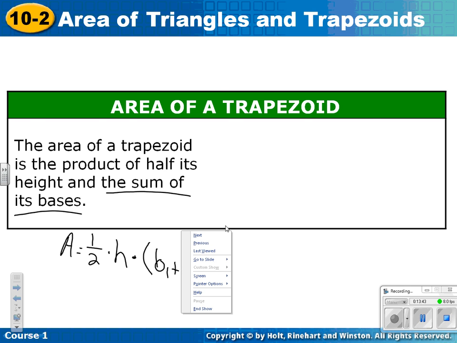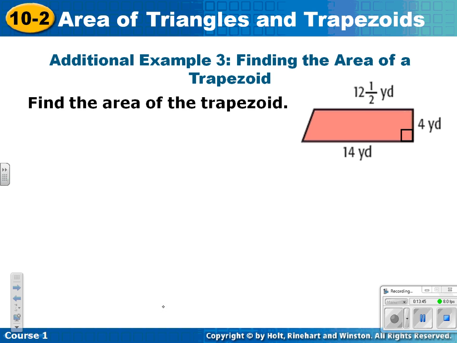So we have this problem. Find the area of the trapezoid. So our algebraic expression for area of a trapezoid is A equals 1/2 times h times (B1 plus B2).